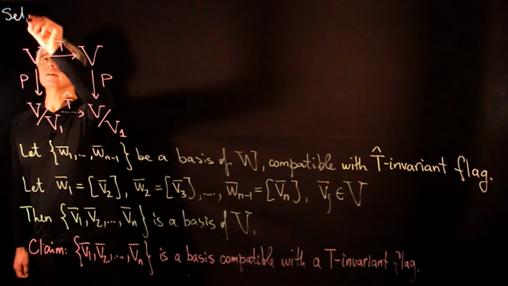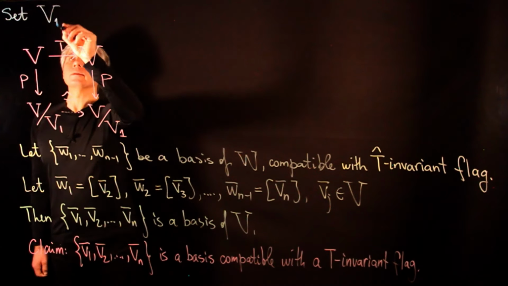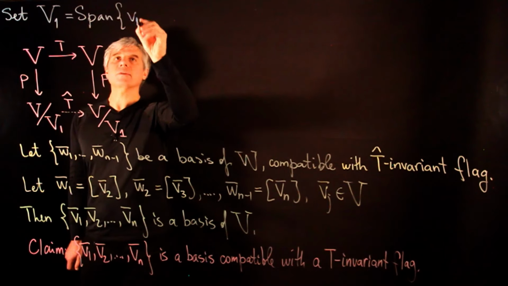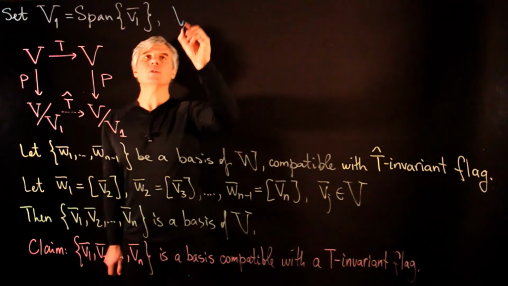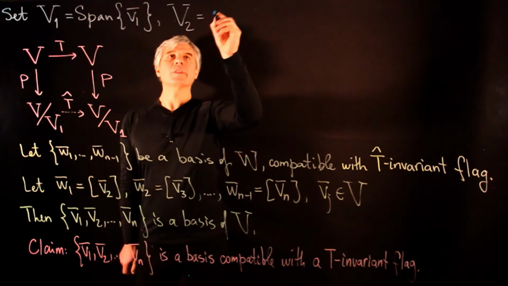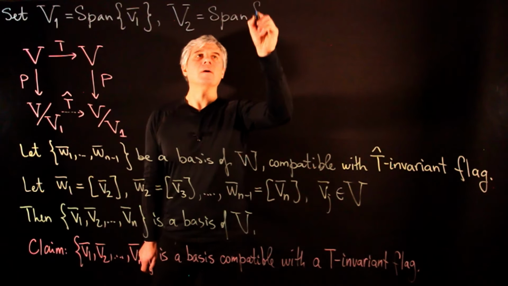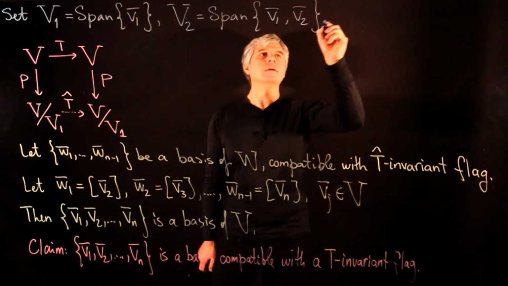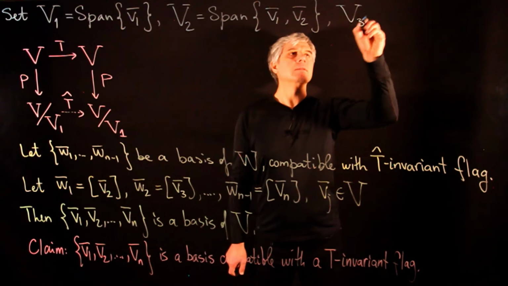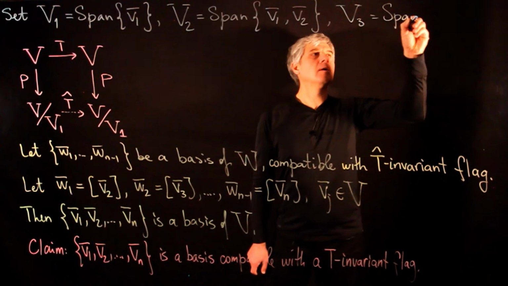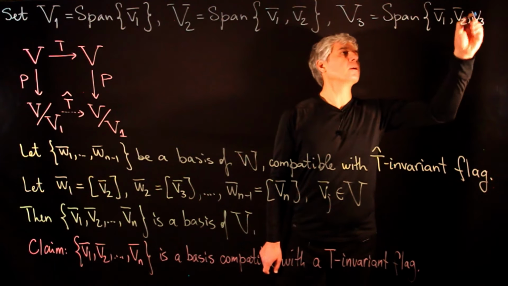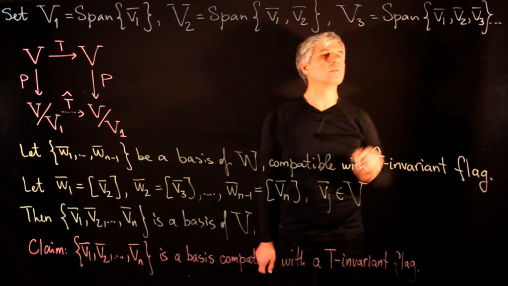So we set V1 to be the span of the vector V1, V2 to be the span of V1 and V2, V3 to be the span of V1, V2, V3, and so on.